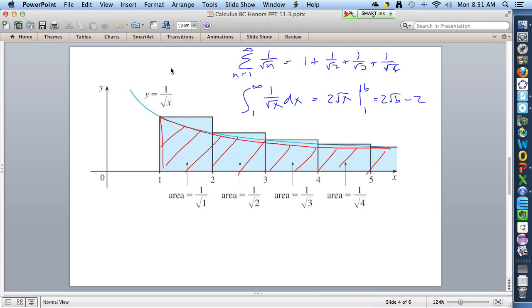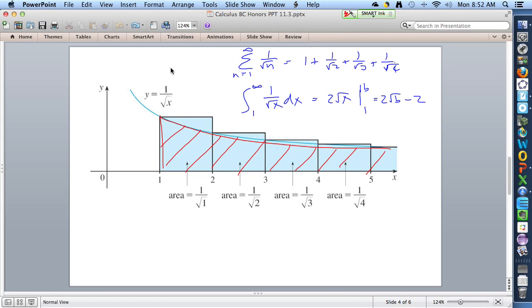The sum of the areas of the rectangles are divergent. So if the shaded red area is divergent, something more than that must also be divergent. I could have used the left-hand rectangles, but it wouldn't have helped my argument.